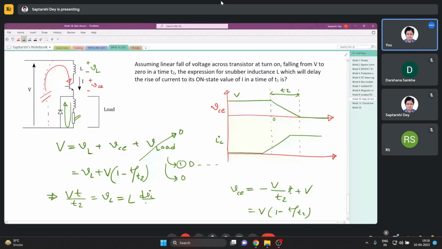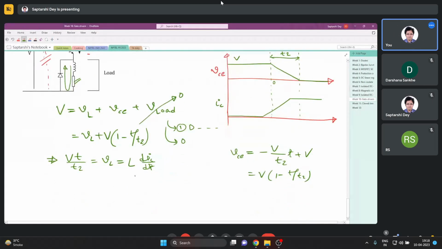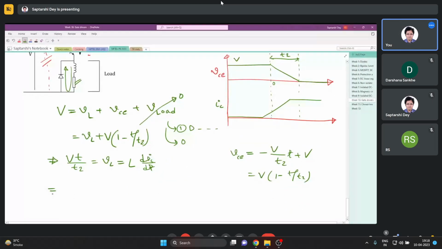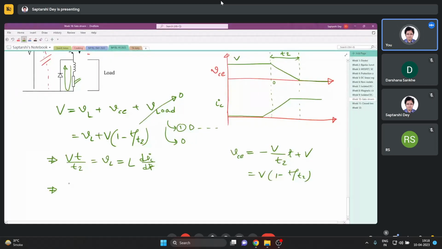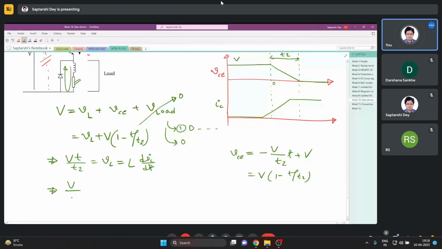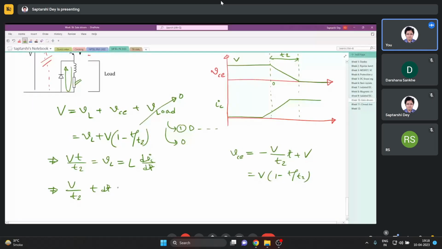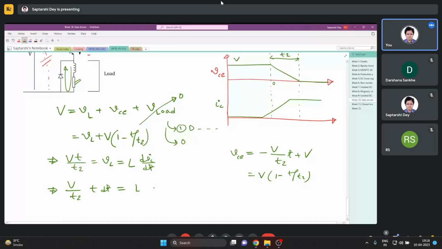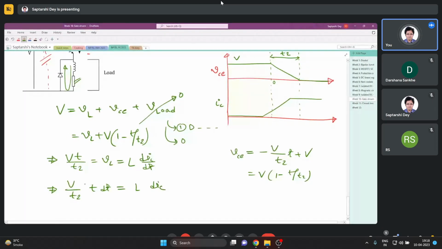di collector dt, the same current is flowing through them, right? So what we have is, say, V by T2 times T dt is L dic.